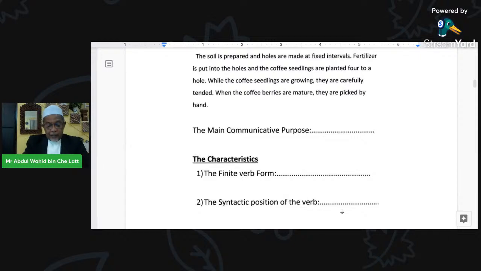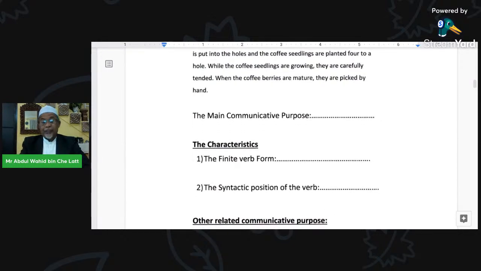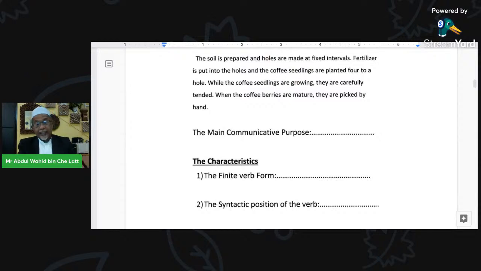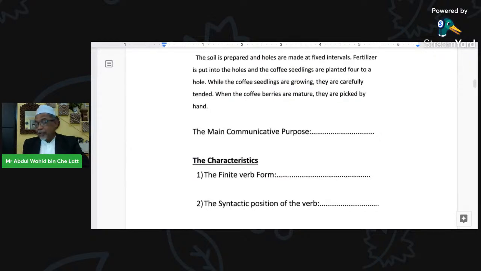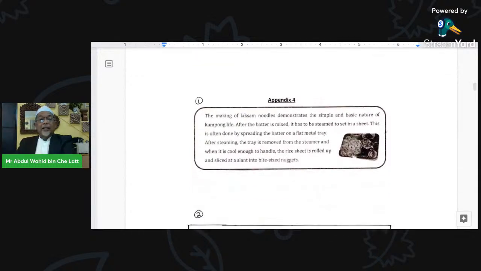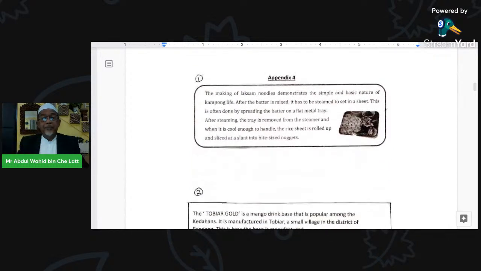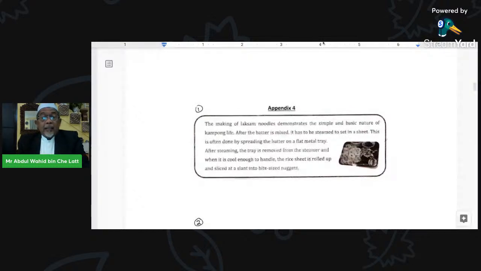To reinforce the above idea and prove the criteria of a description, man-controlled process, let us look at Appendix 4. Extract number 1. The making of laksam noodles demonstrates the simple and basic nature of kampung life.